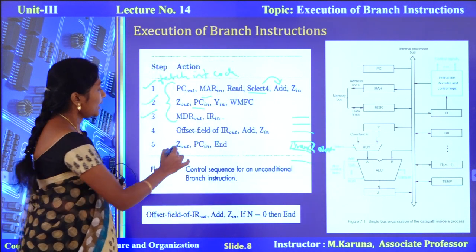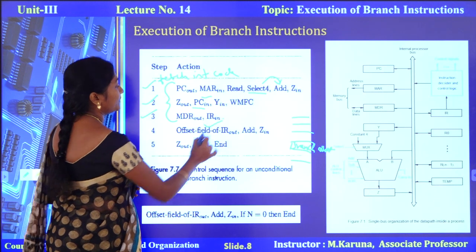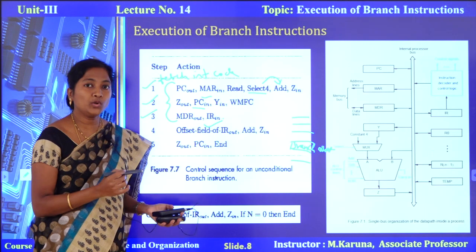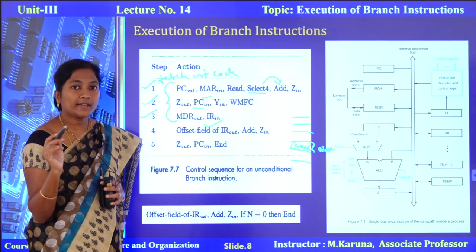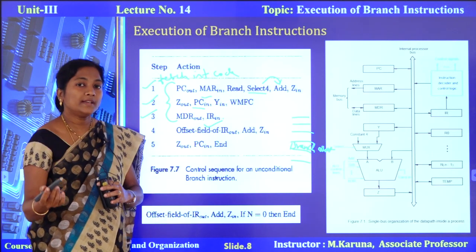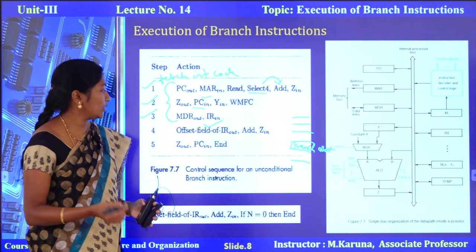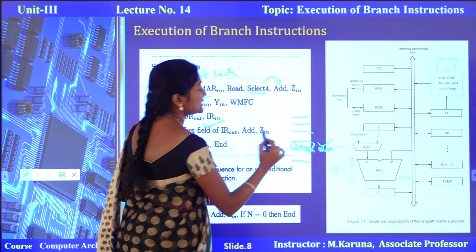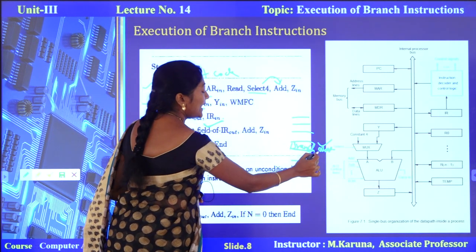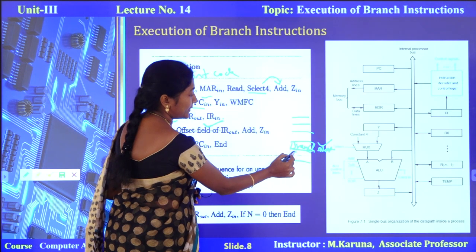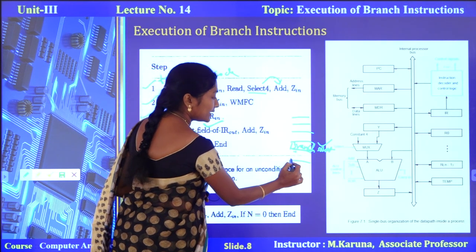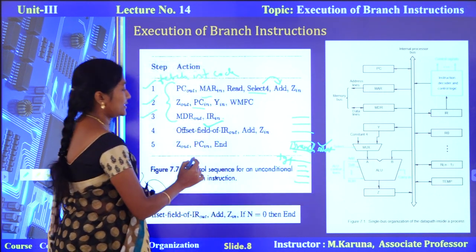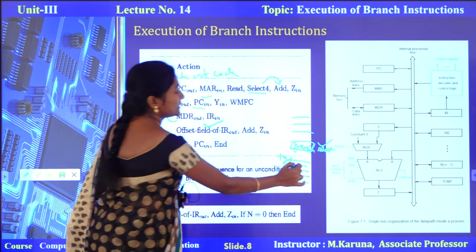Here the offset address is present. What is that offset address? I told you, it is the difference between the target address and the address of the next instruction of the branch. If the offset address is specified in the branch instruction, that offset will be added to the address of the next instruction, giving the target address. At that address, the processor performs the subprogram.